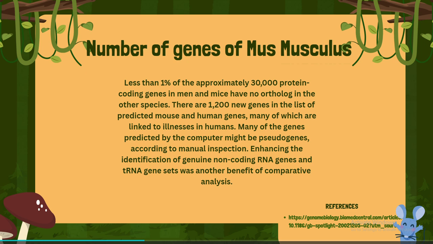Many of the genes predicted by the computer might be pseudogenes according to manual inspection. Enhancing the identification of genuine non-coding RNA genes and tRNA gene sets was another benefit of comparative analysis.